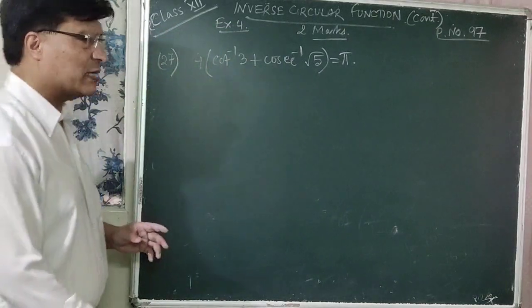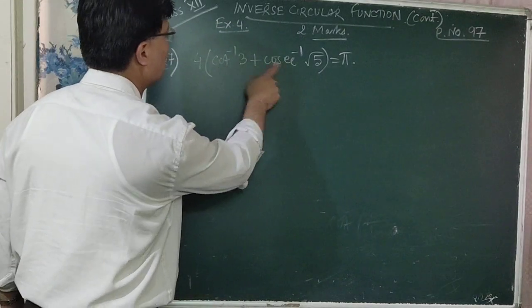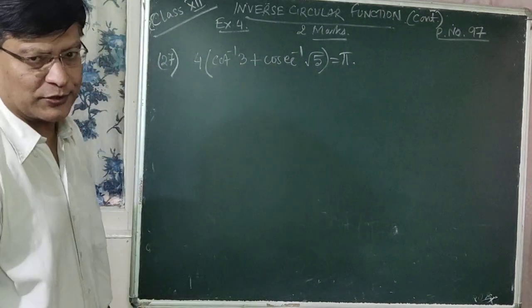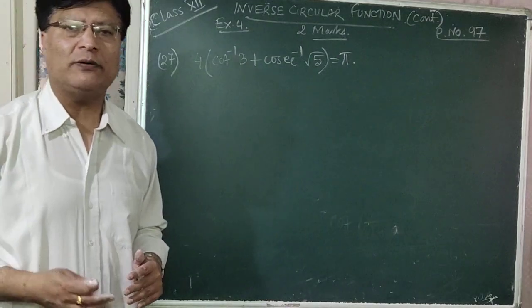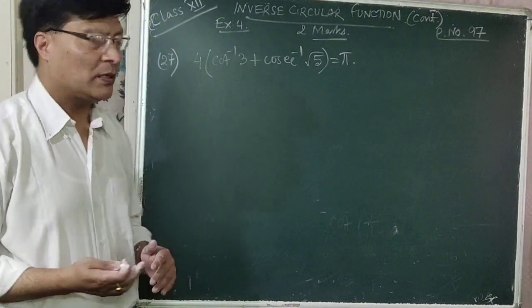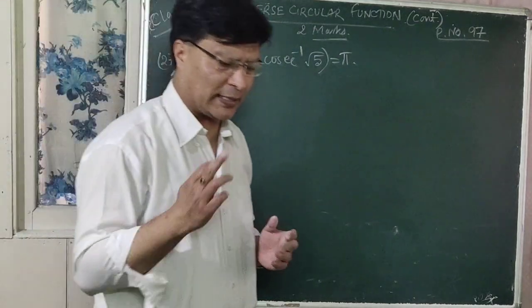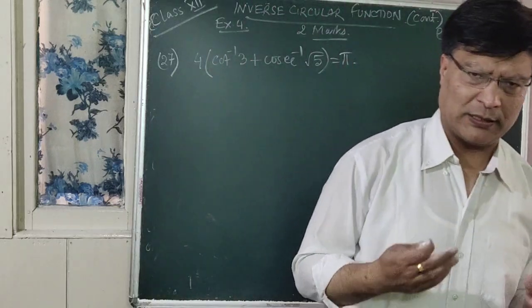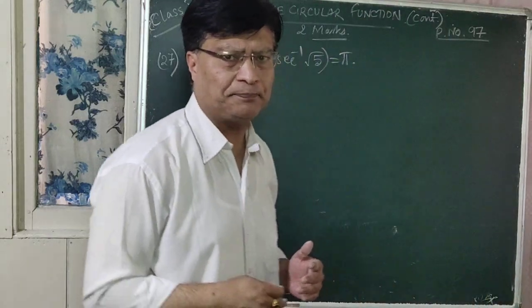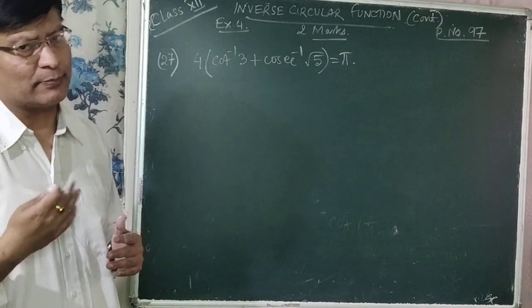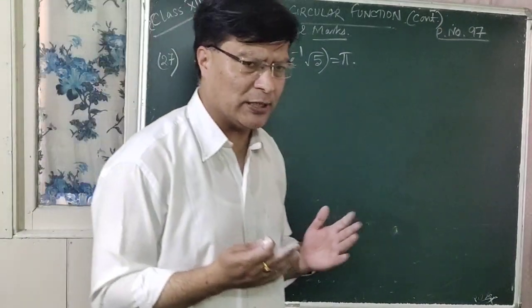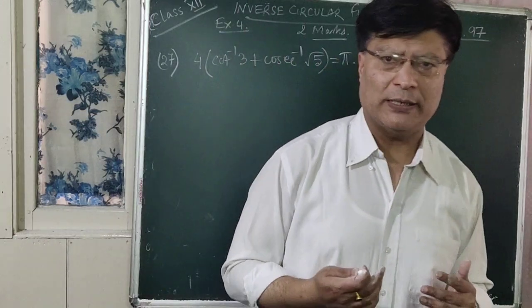Okay, but in this case these are two different inverse circular functions. So you have to convert them into same inverse circular function. So you know the formula, which formula is much more easier, that is tan inverse x plus tan inverse y or tan inverse x minus tan inverse y. That is much more easier than other formulae, right?